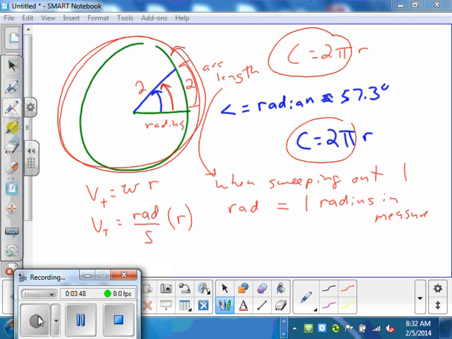And does it make sense that it would be the actual measurement of how many meters are swept out per second?